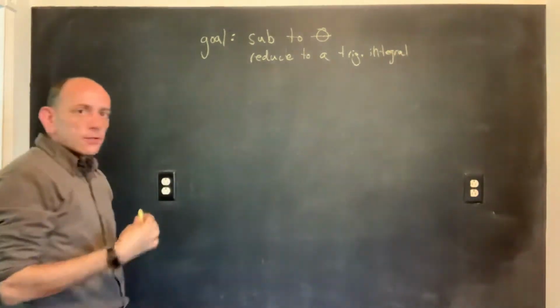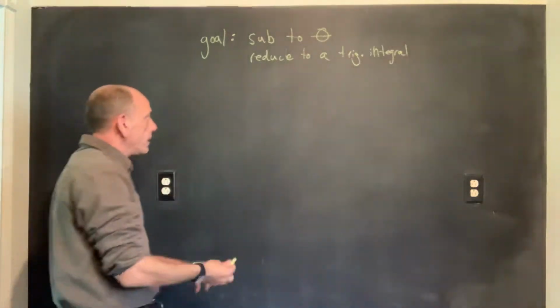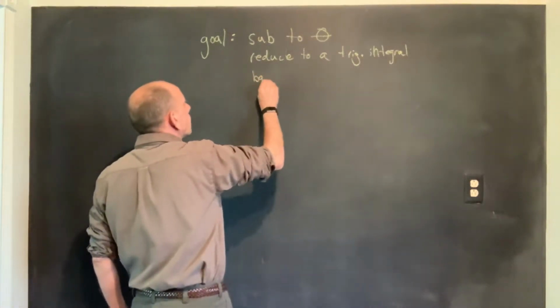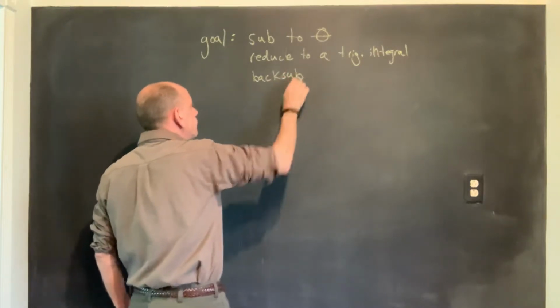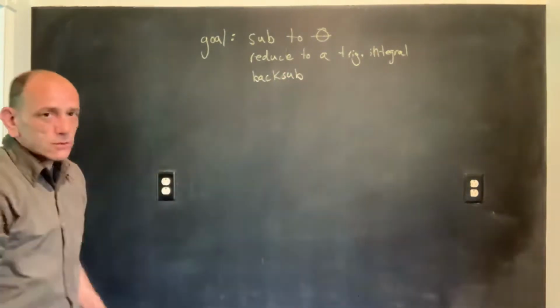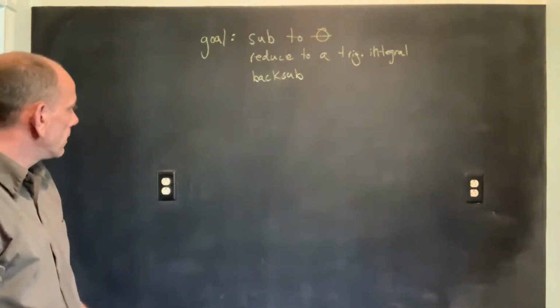Okay, so we want to sub everything into theta, reduce it to a trig integral, do our integration, and then back sub. So that's the goal of our trigonometric substitution process.